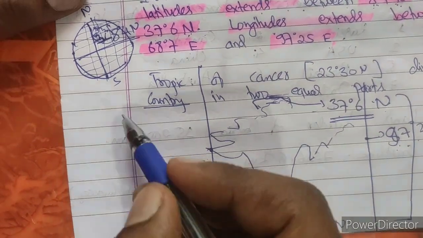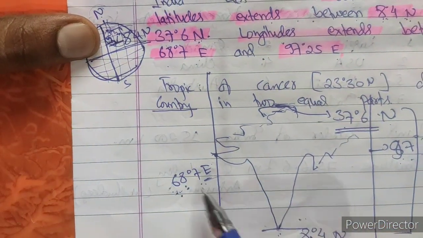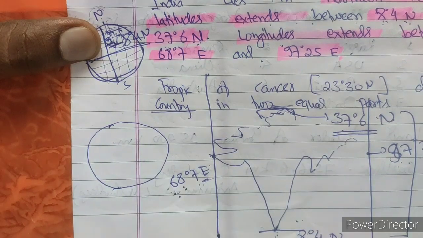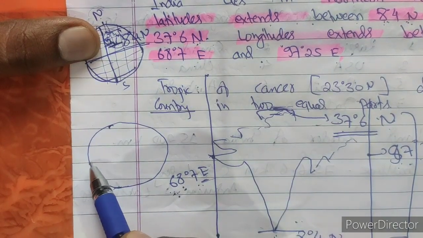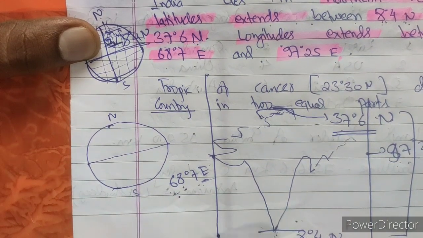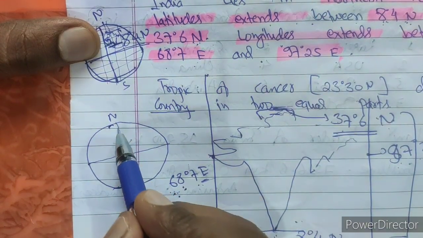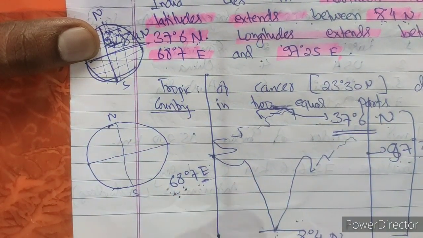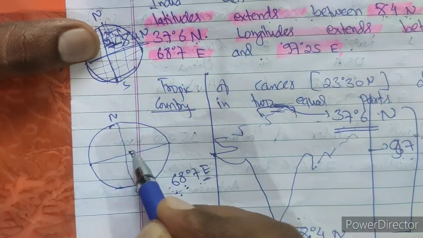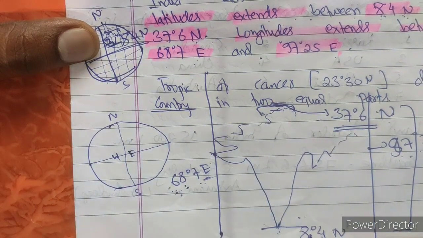For better understanding of India's location, suppose this is the whole earth, divided into two equal parts: the northern hemisphere, and this one, the southern hemisphere. India lies fully in the northern hemisphere. This is the Greenwich line, which divides the earth into the east part and the west part.